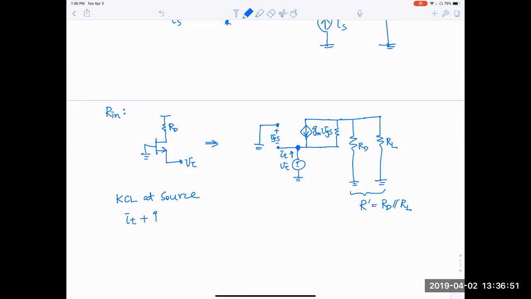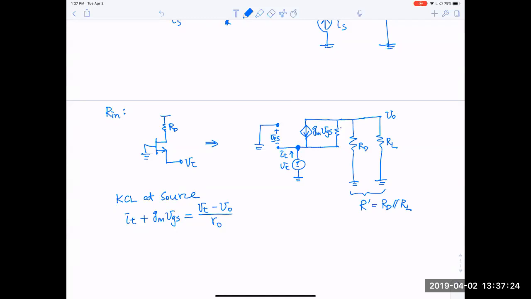IT is the current that goes into the terminal, and the current GM VGS also comes into the terminal, and the current flowing out of the terminal will be VT, the voltage at the source, minus V out, VO here, divided by R0.